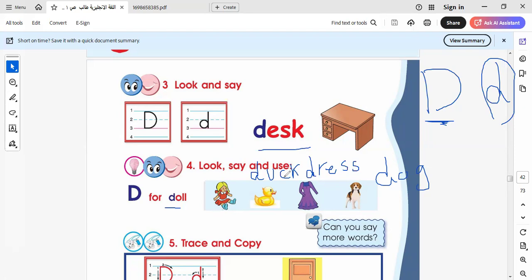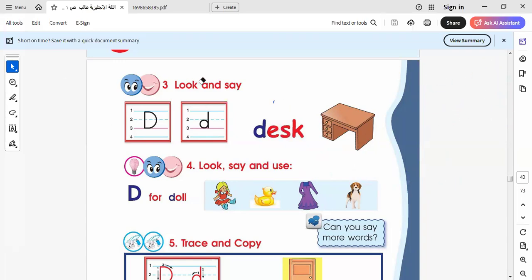Because in the exam they can omit a letter. For example, when we omit E, I know that is desk. When I omit O, I know this is dog. So we must keep the vocab to be able to answer the missing letter in the exam.